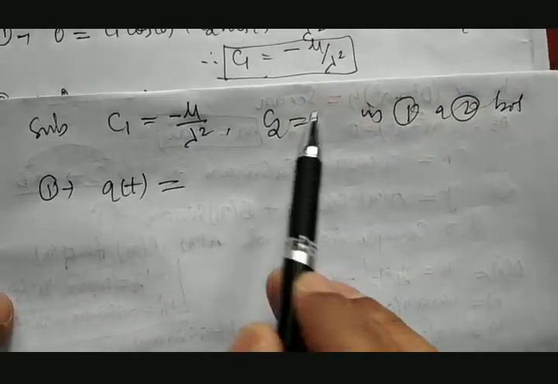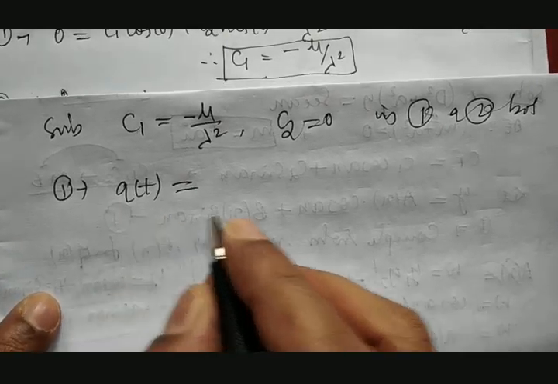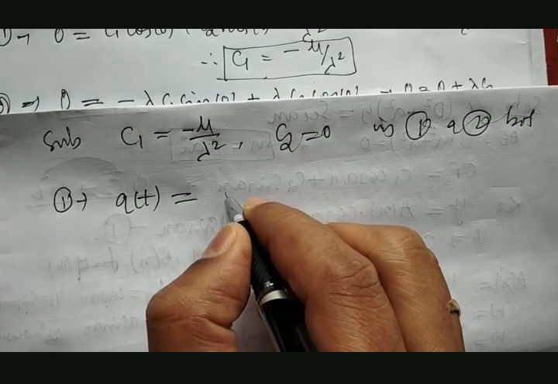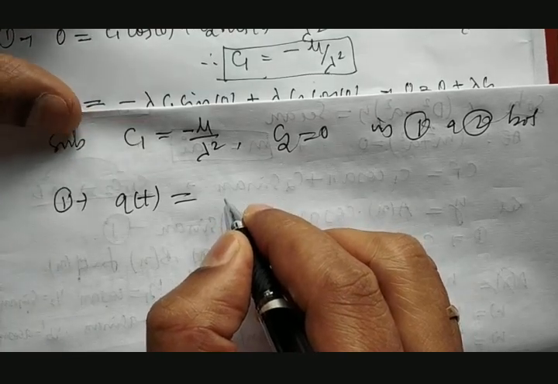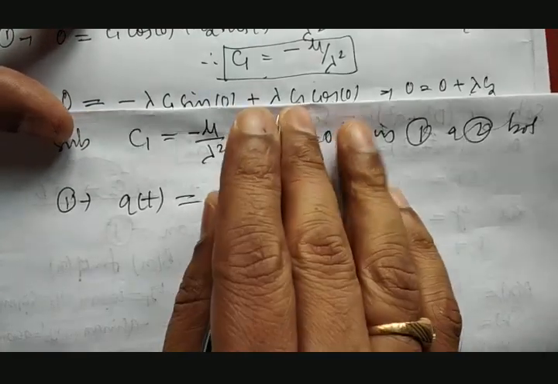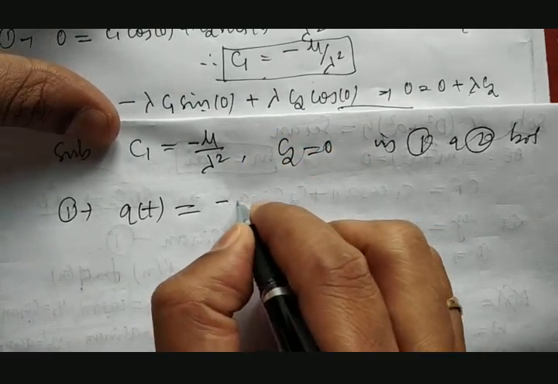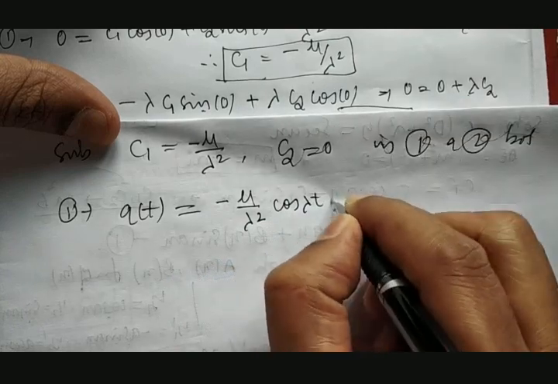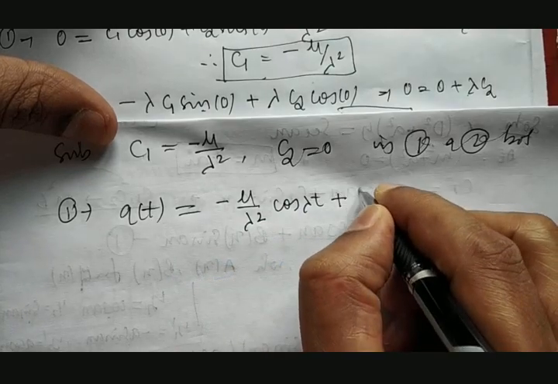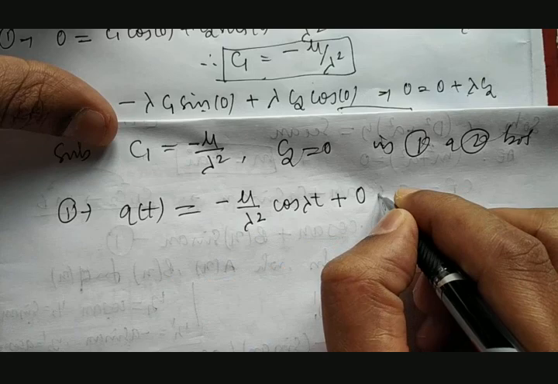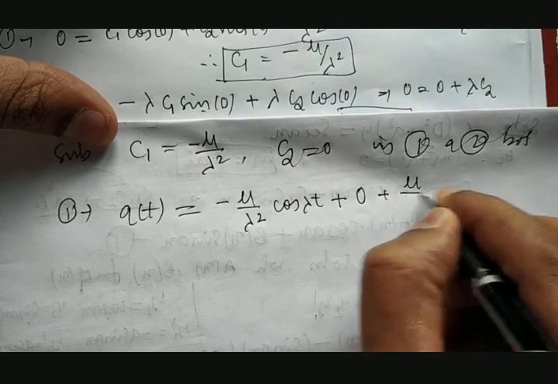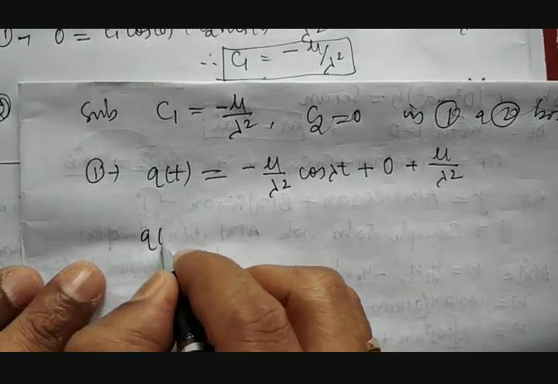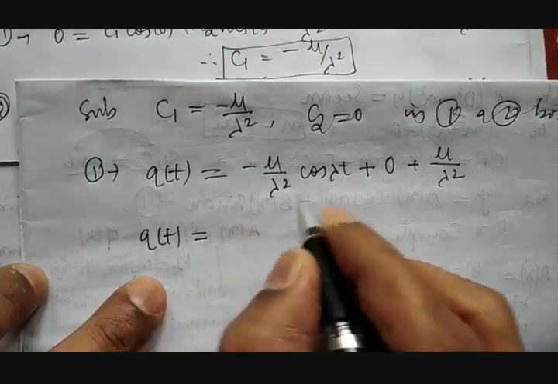So substitute C1 and C2 values in this. Then it becomes minus mu by lambda square into cos lambda t plus C2 is 0, so 0 into anything will be 0, plus mu by lambda square.